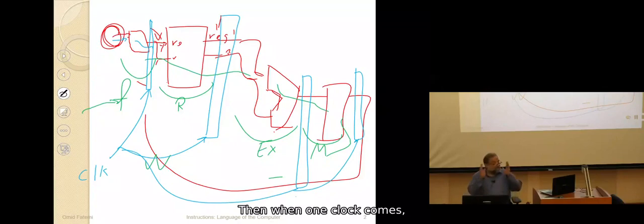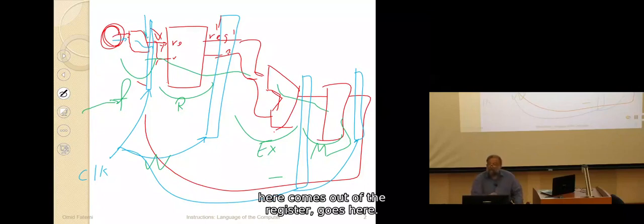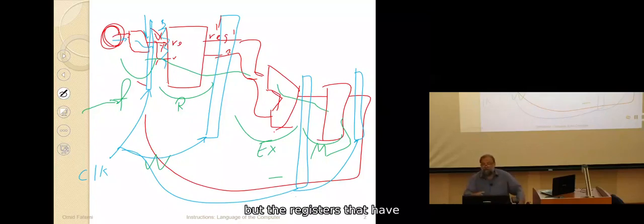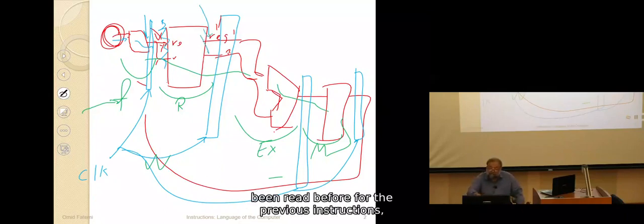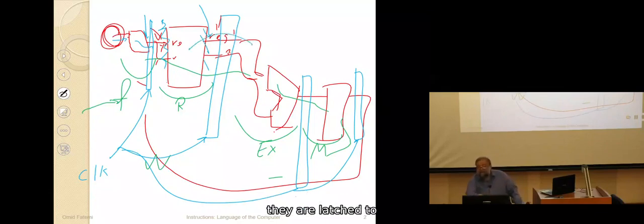Then, when one clock comes, the instruction which we have here comes out of the register, goes here. And now we start reading registers. Register file is working. But the registers that have been read before for the previous instructions, they are latched to the register and they go to the next stage.